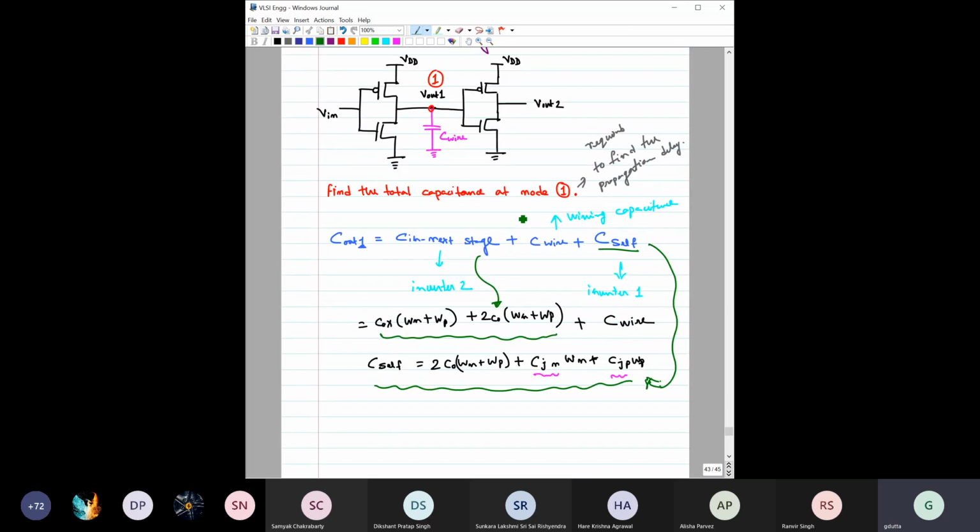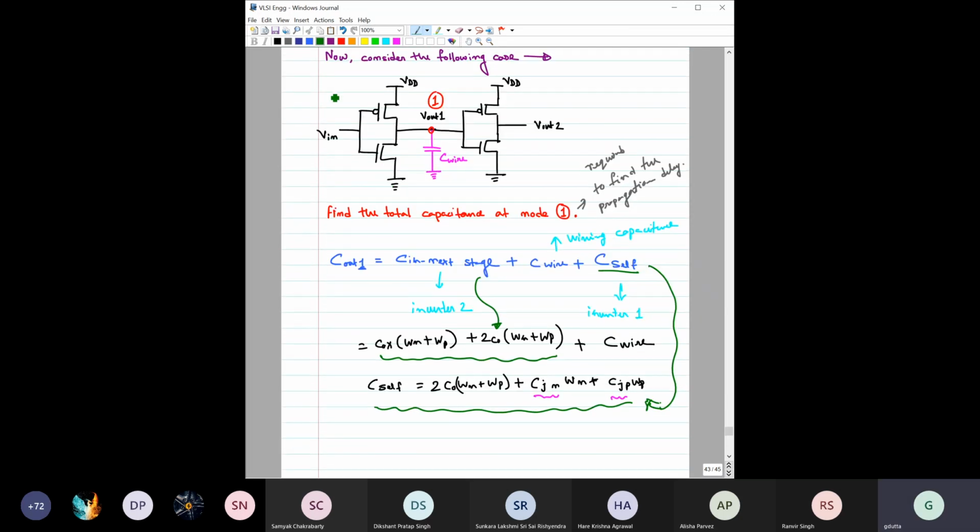If you know the widths of these inverters and their respective numerical values are given to you, then you should be able to find the total output capacitance at node 1, and that is required to find the propagation delay for this first inverter. Similarly, you can do the same analysis to find the propagation delay for the second one.